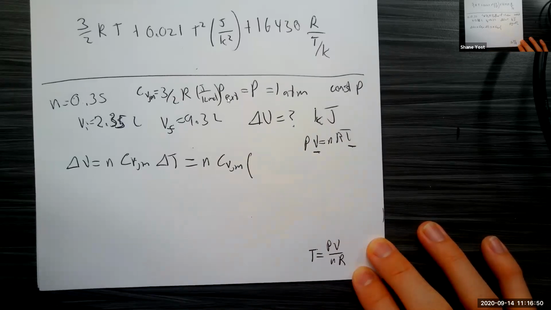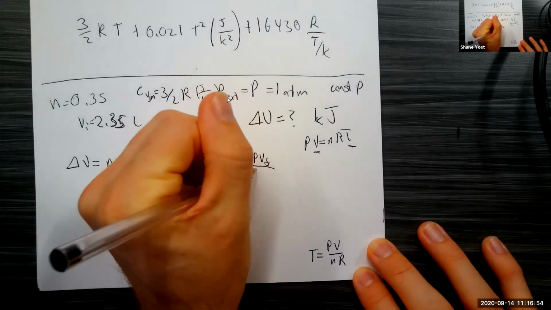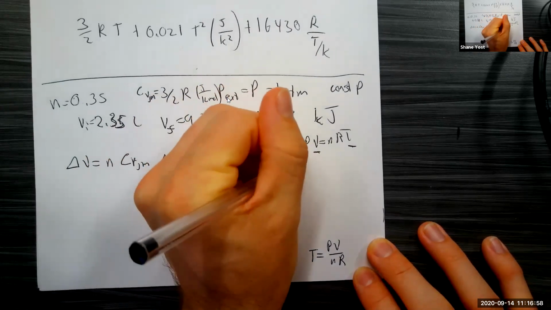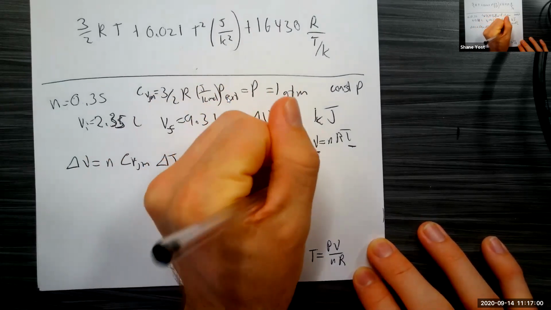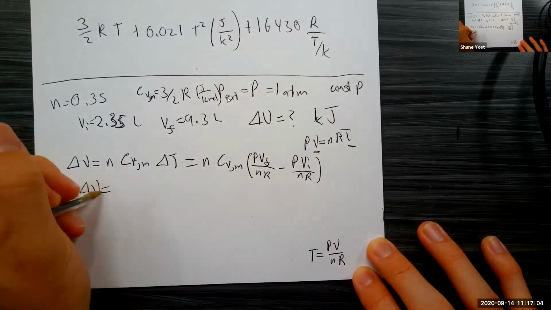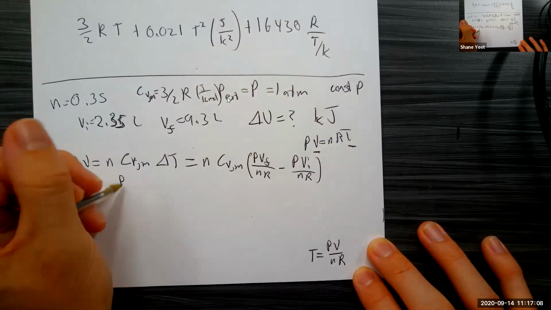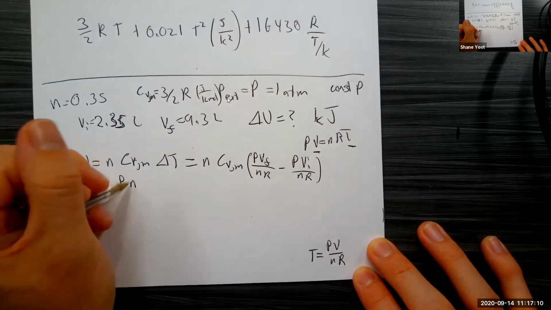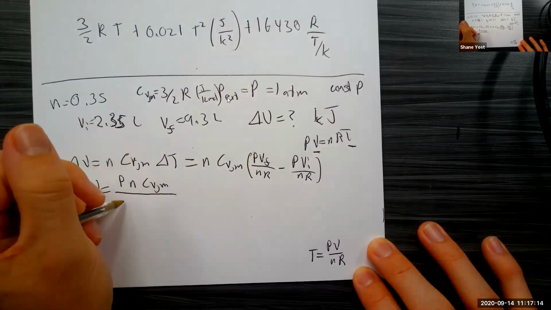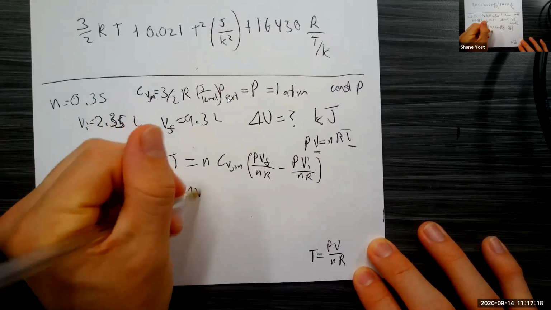So this is the pressure times the final volume over nR, minus the pressure times the initial volume over nR. And so I can solve this equation for delta U. The pressure is constant, so it's P times n times C_V,m over nR times delta V.